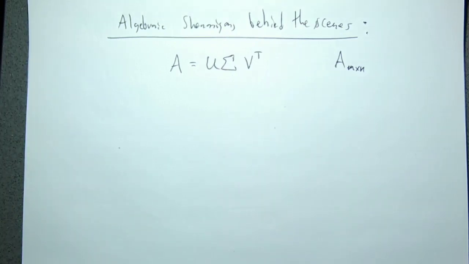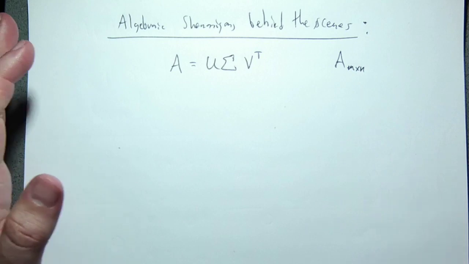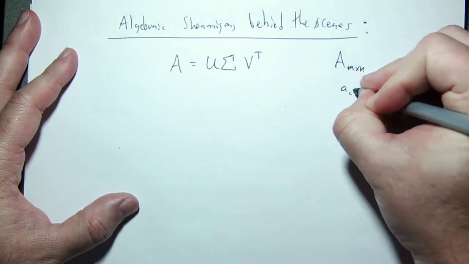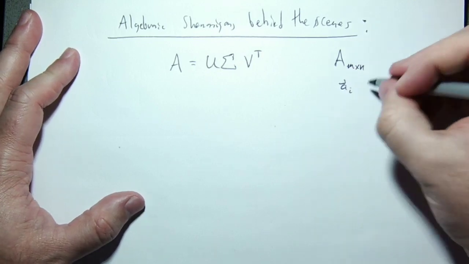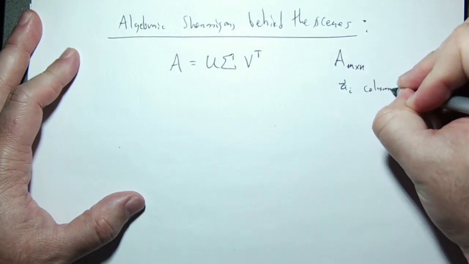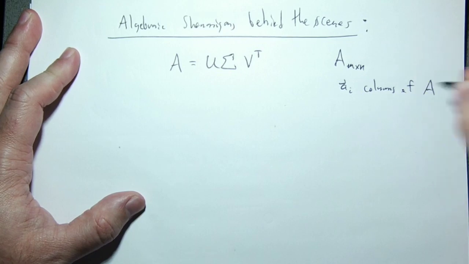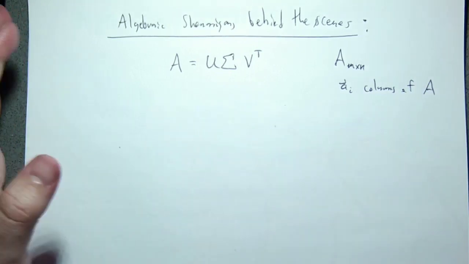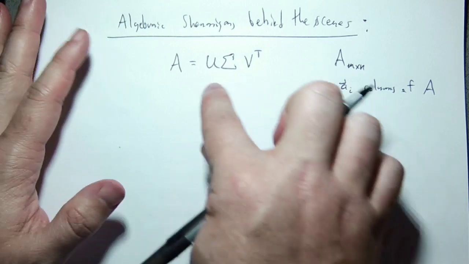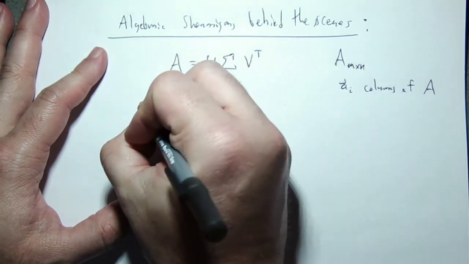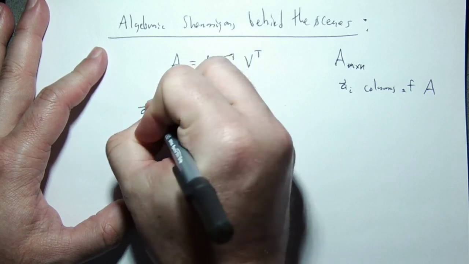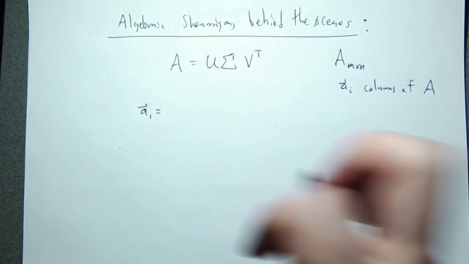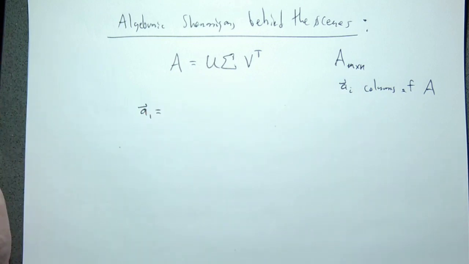Okay, and so let A sub i be the columns of A. If this is the case, then directly from this decomposition, I can write these columns of A algebraically as certain linear combinations.